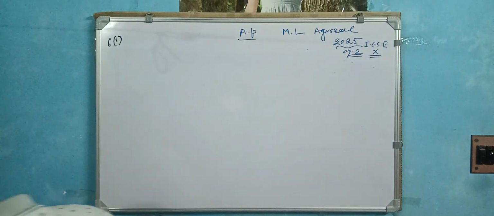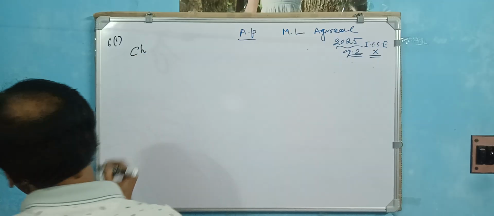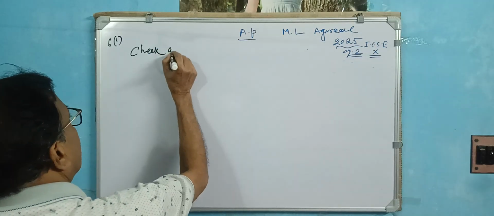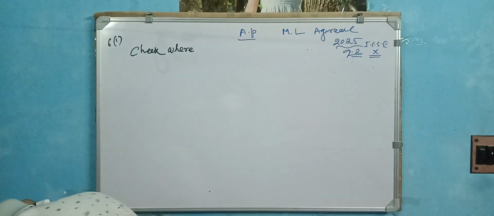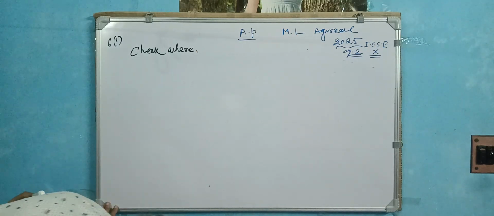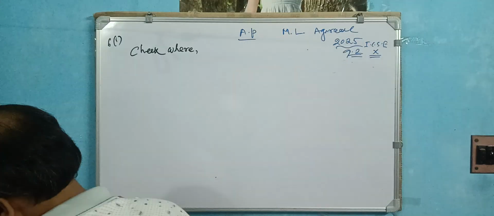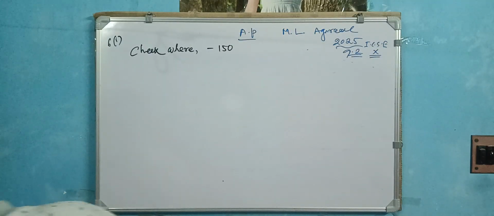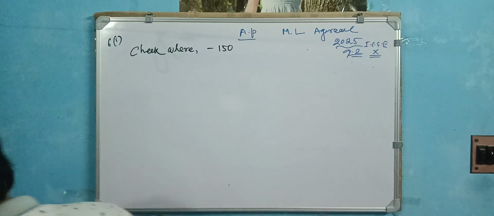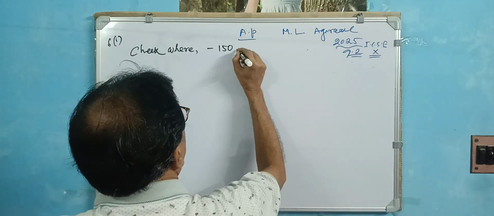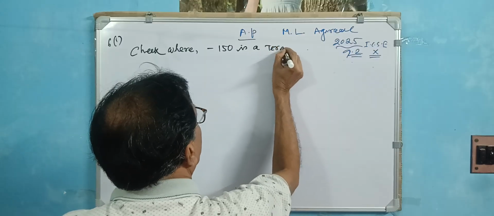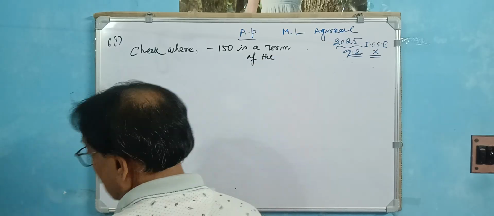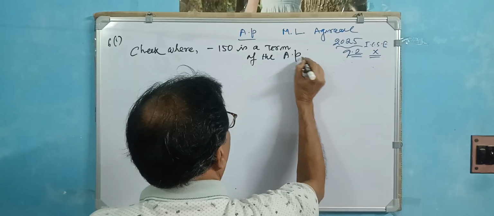Now check, this sum is different. Check whether minus 150 is a term of the given AP or not.